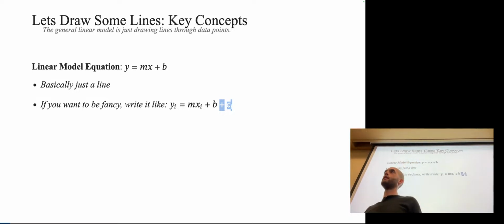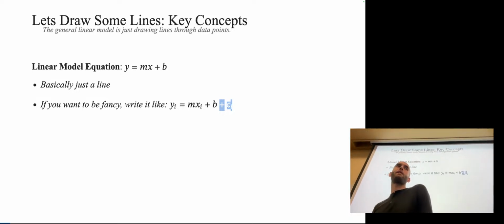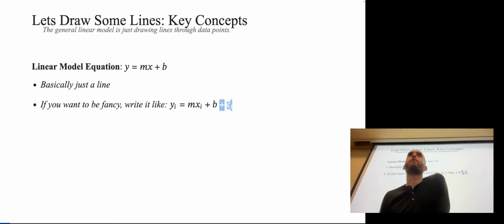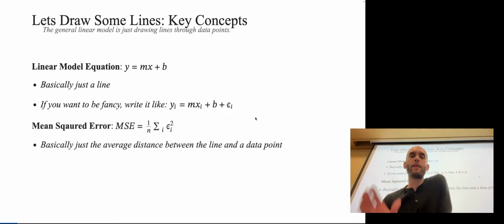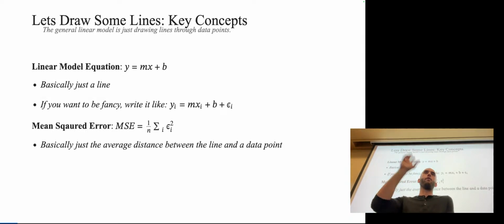And so we use this Greek symbol epsilon to denote how wrong the model is. It's like the mismatch between our model and the actual data. I'm going to show you a picture of what this looks like, and we'll talk about each one of these components in the context of a scatter plot. But that's the first part of the building blocks for today.